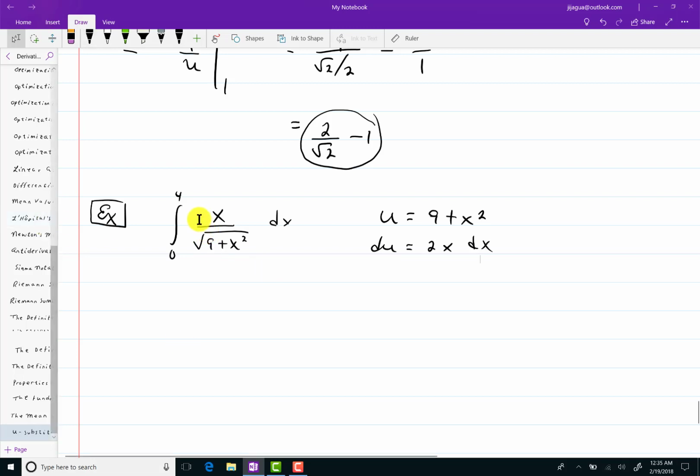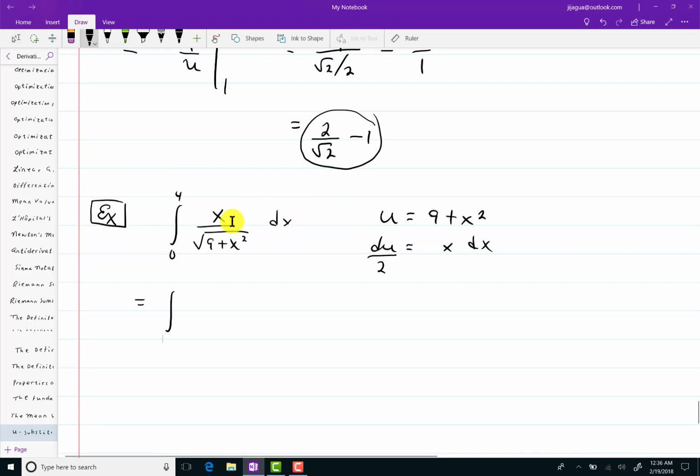If I scan my integral, I do not have a 2x appearing anywhere. So I think it's better to have du over 2, get rid of the 2 on the right if I can, and then notice I have x dx, which is perfectly what this numerator is.